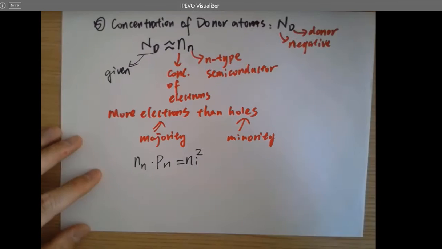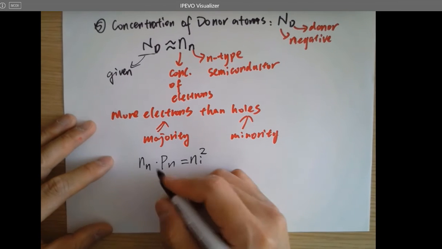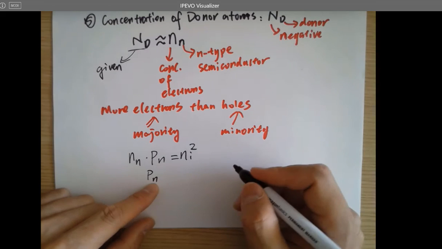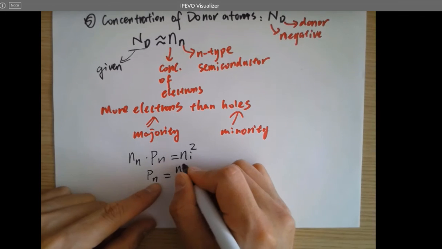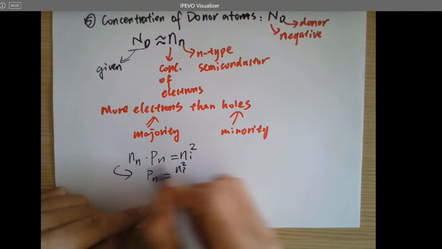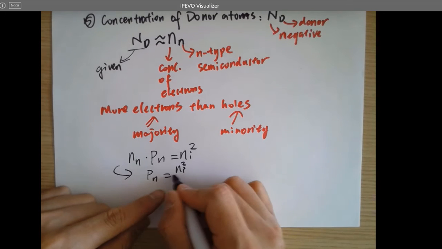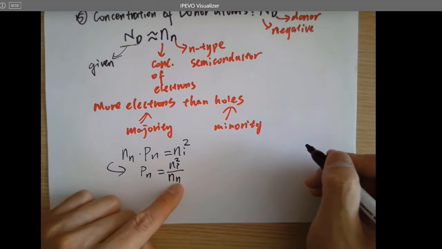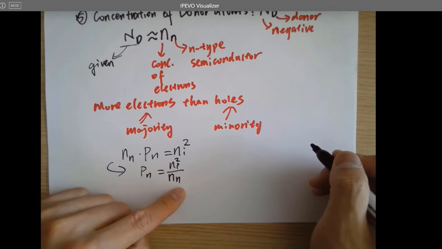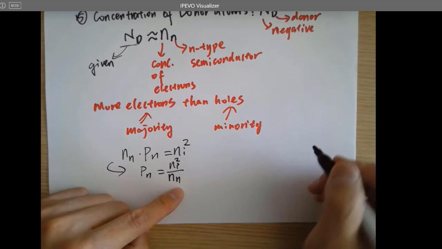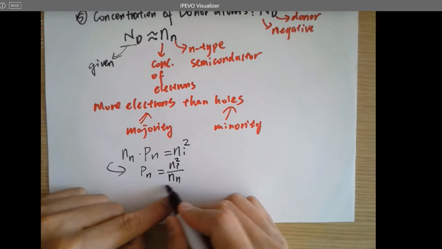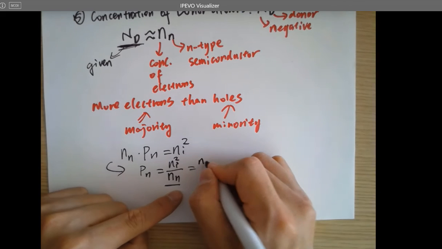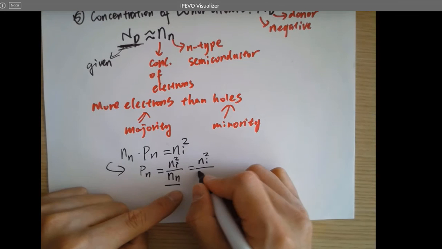So the hole concentration in the N-type semiconductor: from here, P equals Ni squared over N. N is the electron concentration in the N-type, which is given and equals ND.